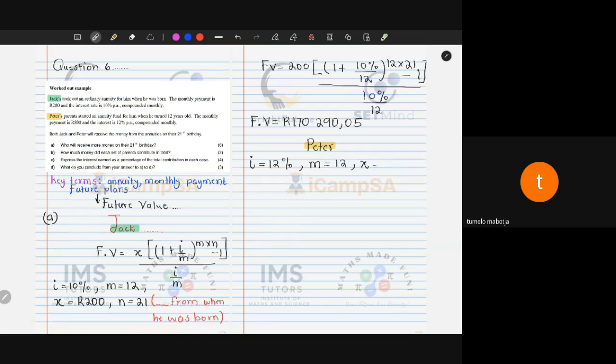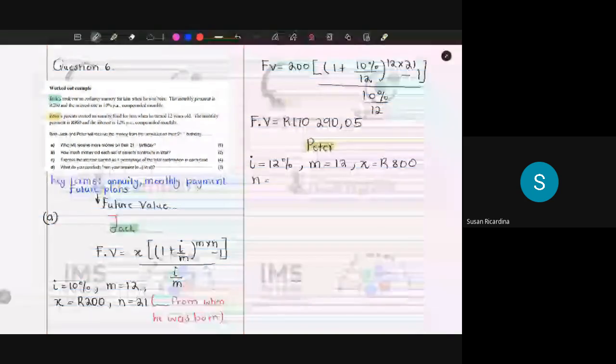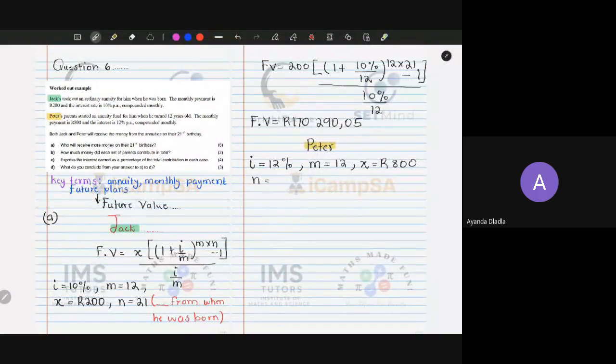And what is the X, which is the regular deposits for Peter? 800. And what is N for Peter? 9. Yep. So Peter's parents started when he was 12 and they're chasing 21. So it becomes 21 minus 12, which becomes 9 years.